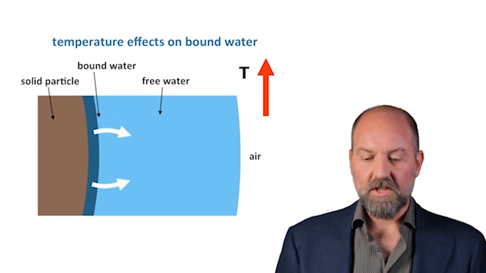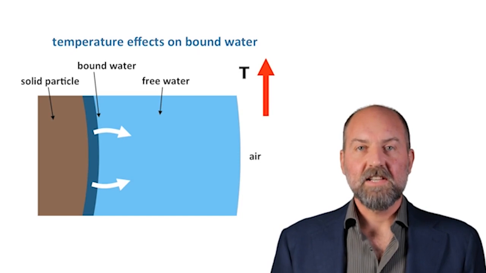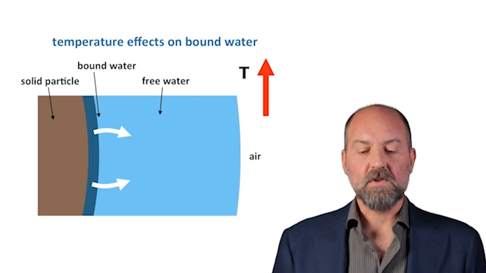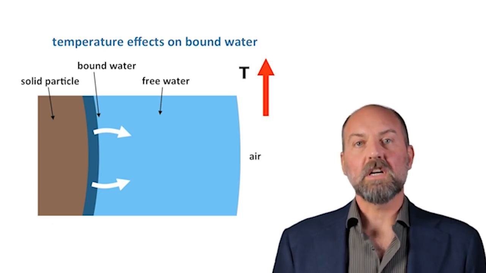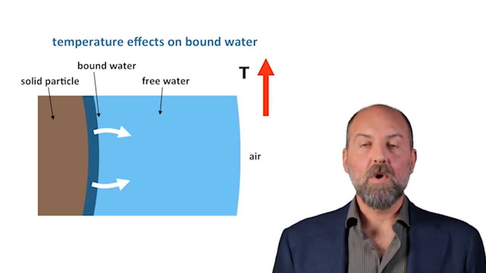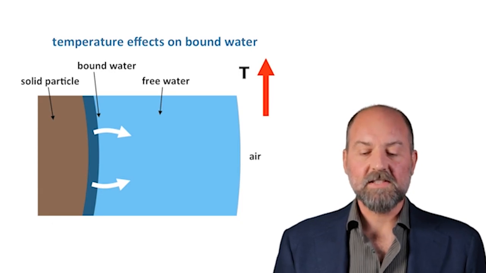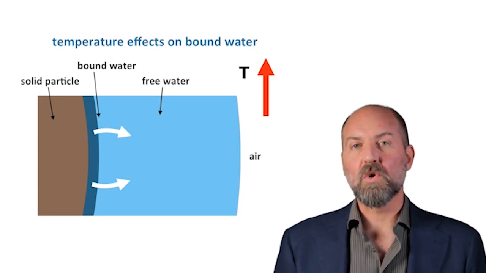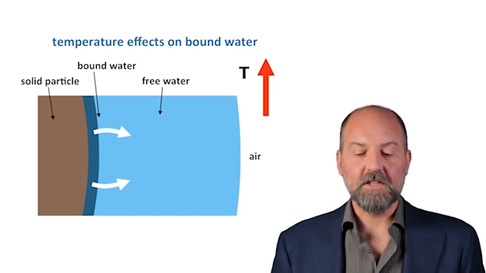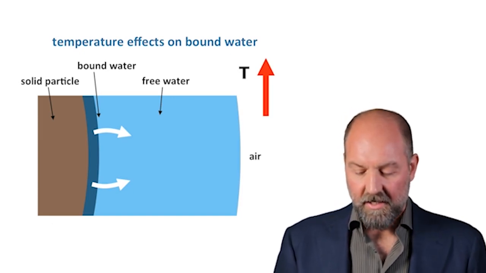Now it's easy to imagine that when temperature goes up, the attraction from the surface is somewhat loosened, and so some of that bound water starts to behave as free water. A way to put it: if we consider the bound water as a sheet of ice, when temperature goes up, this layer of ice becomes thinner and thinner because some ice evidently melts into liquid water.